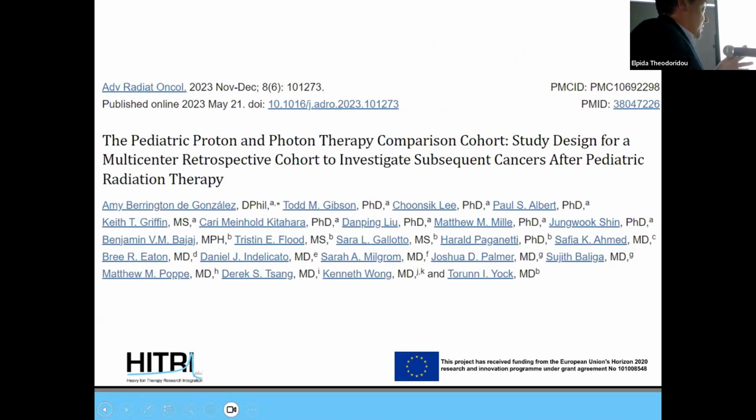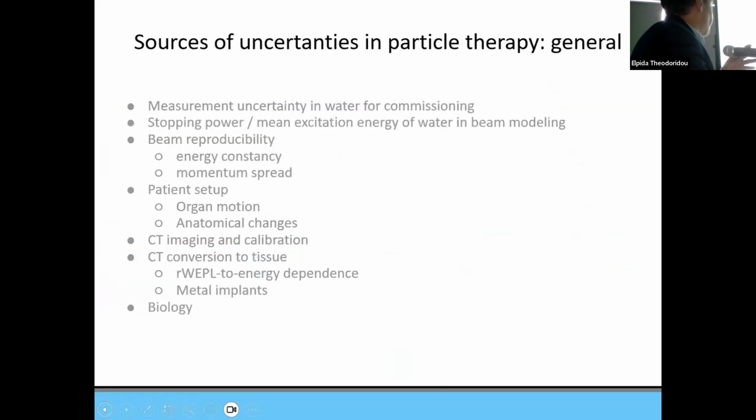Same for secondary cancers. There are still many publications because the scientific community wants to see results on a big cohort of patients, and this is a very big cohort of patients from the US showing the lower probability of secondary cancer with protons.